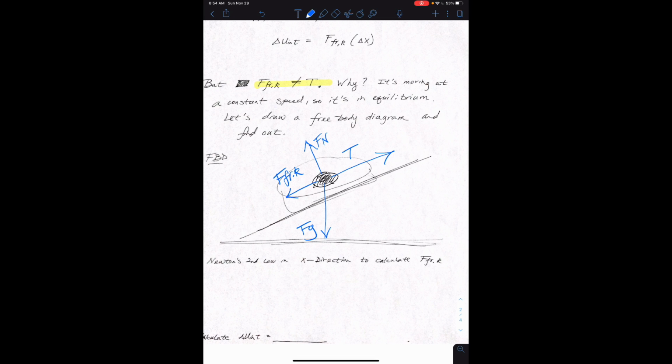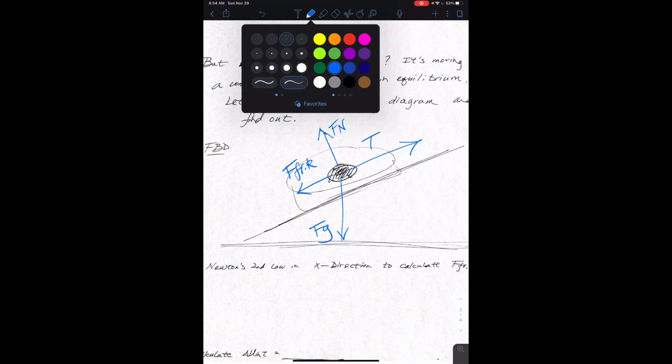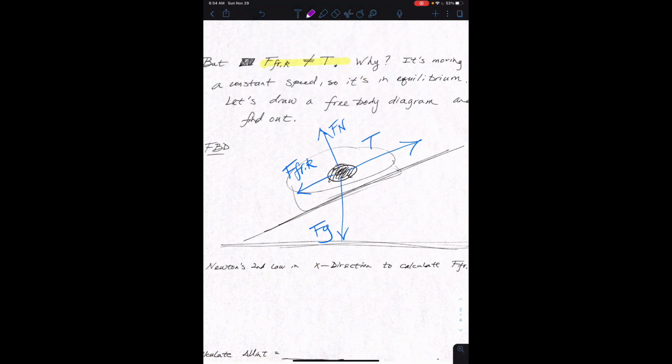So when we have these forces that don't line up like this, we have to pick a coordinate system. Do we stay with up, down, left, and right, or do we switch to a tilted axis? And the tilted axis is definitely the way to go here. So we split force gravity into a down and a left.